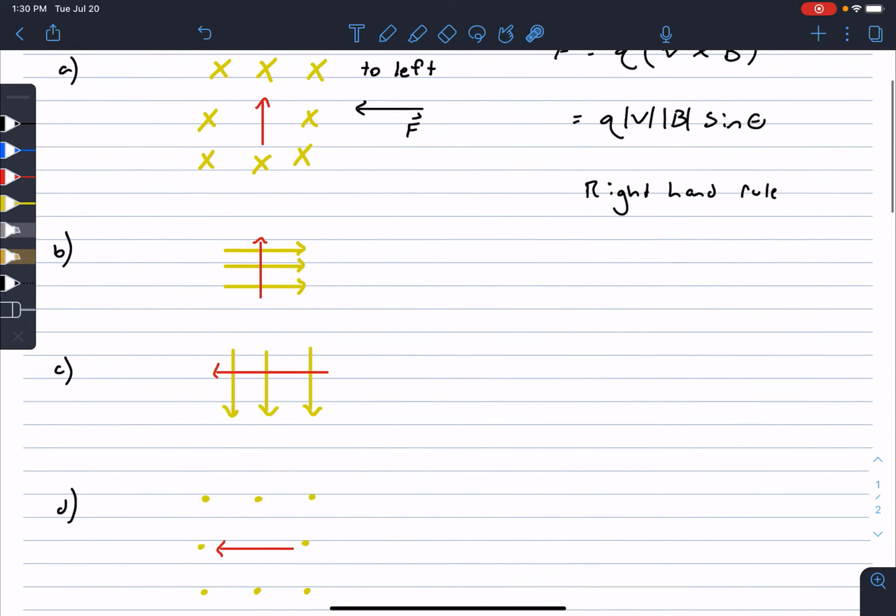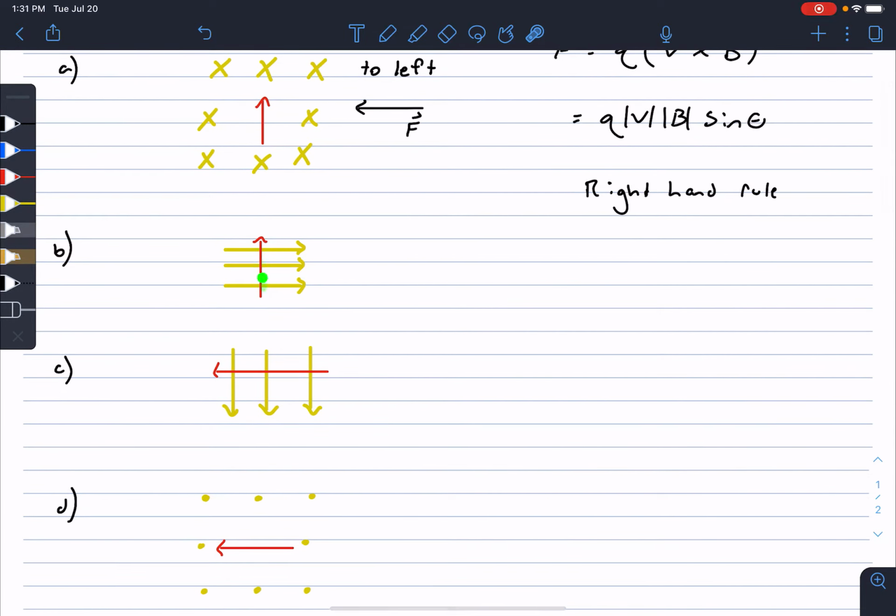Do the next one. Same thing, I point the fingers of my right hand along this velocity, and then I find a way to curl my fingers towards the yellow lines, which are the B field, and that means that the force is pointing into the page. Remember, this is indicated by these x's here.